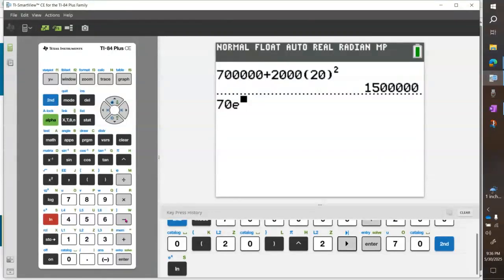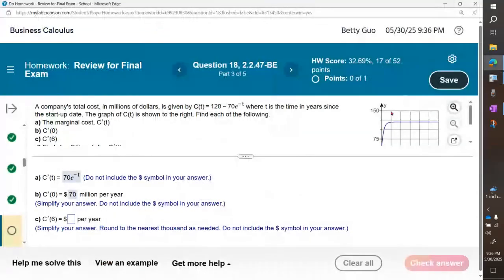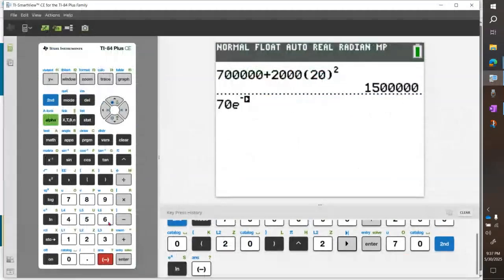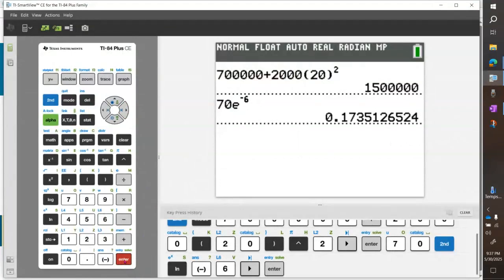I mentioned this before. This is a minus. Do not use minus. Instead, use this negative sign. Negative t, and t is 6. Okay.